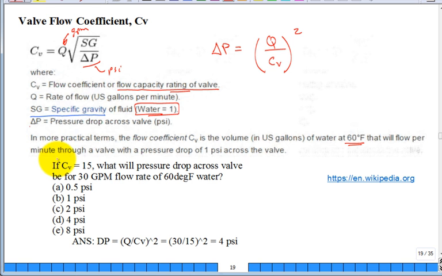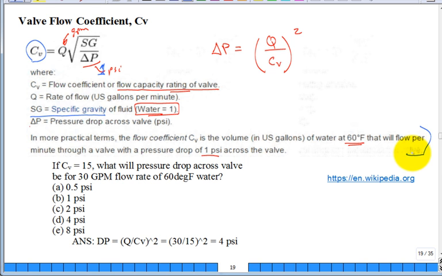If you put a 1 psi pressure drop across that valve, the square root of 1 is 1, and so the Cv is numerically equal to the GPM, the gallons per minute flow.